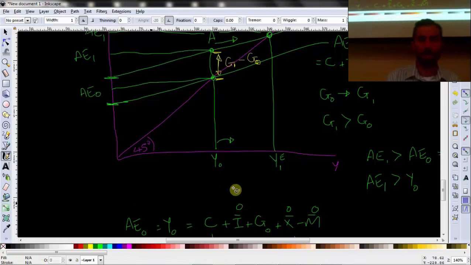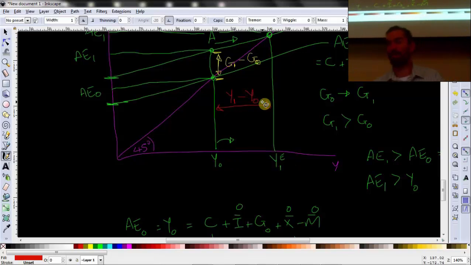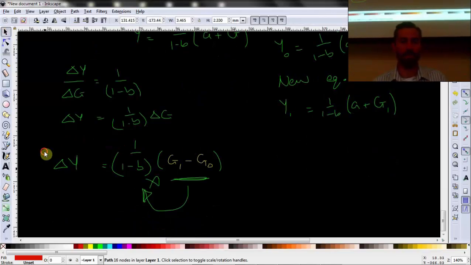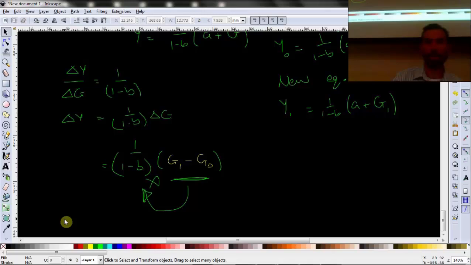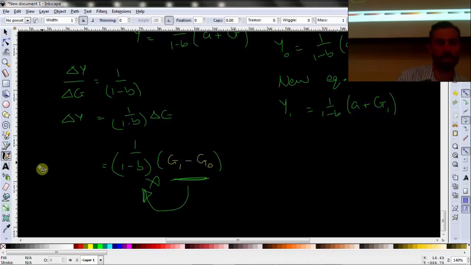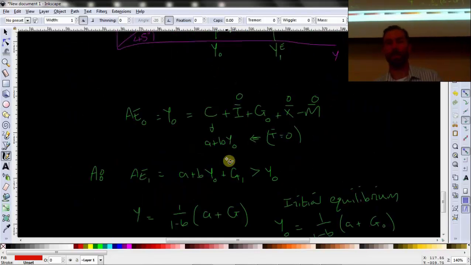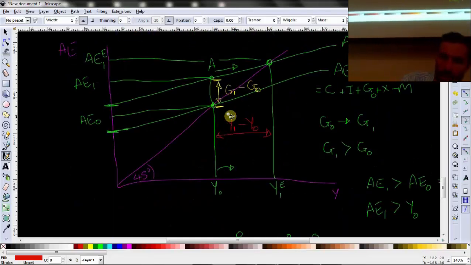Here, Y1 minus Y0, this is the change in Y. So change in Y, Y1 minus Y0, is equal to the change in G multiplied by our multiplier. This distance here, change in Y, is much greater than this distance here, change in G.